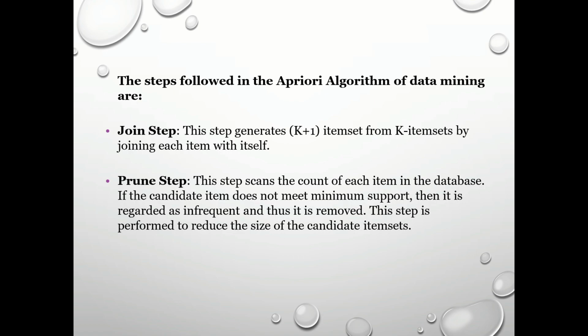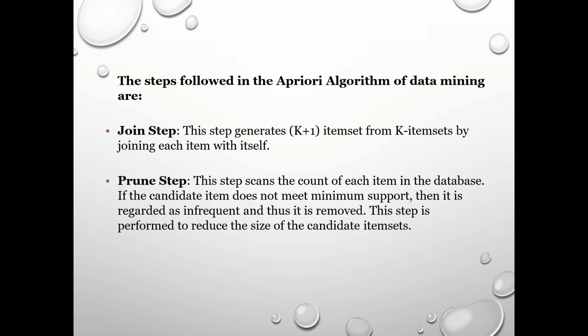The join step is used to form the k plus 1 itemsets by joining items. The pruning step counts each item in the database. Candidates that do not meet the minimum support are infrequent and are removed there.